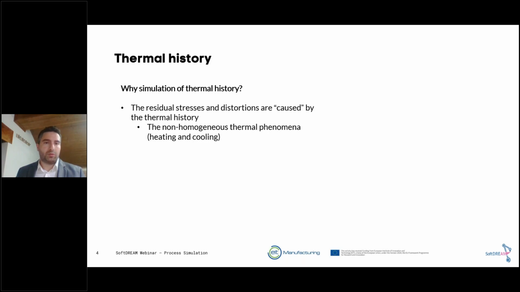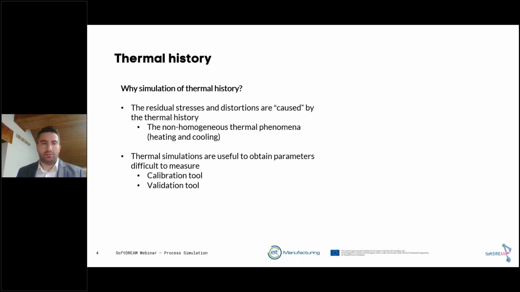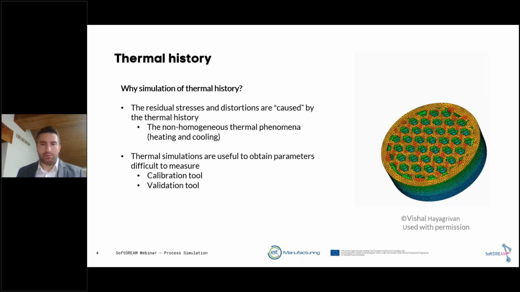So the non-homogeneous thermal phenomena that occur when we add new layers of material, they undergo heating and cooling. And furthermore, the simulation is also useful to obtain parameters that are otherwise difficult to measure. So thermal simulations can be used as a calibration tool and as a validation tool.